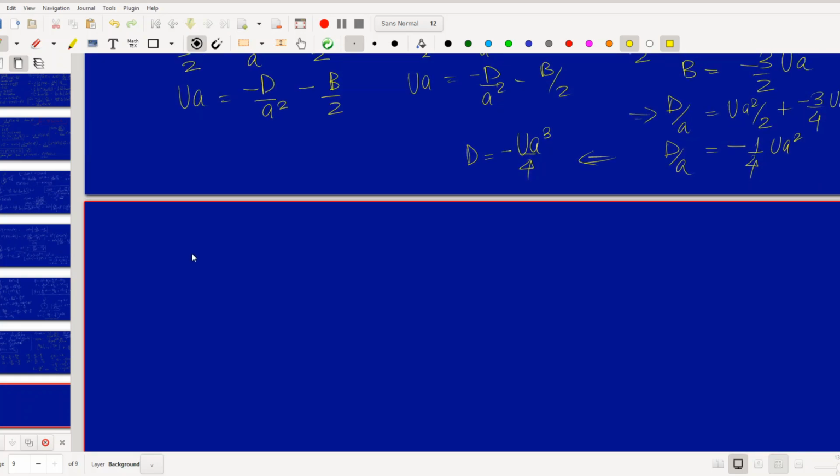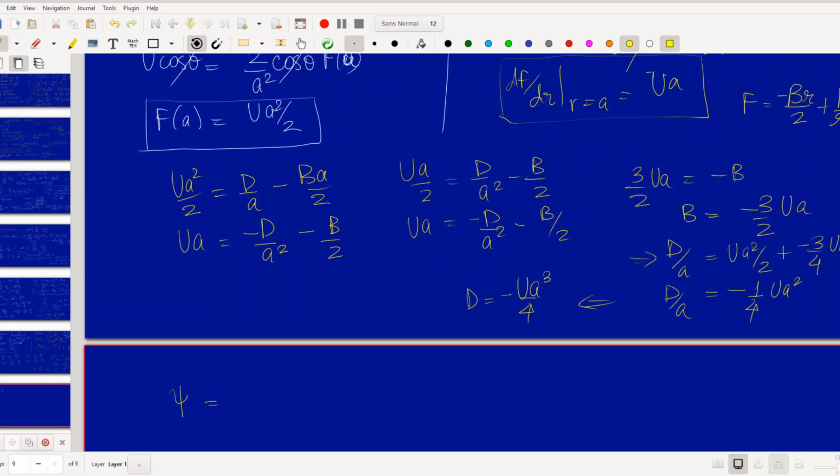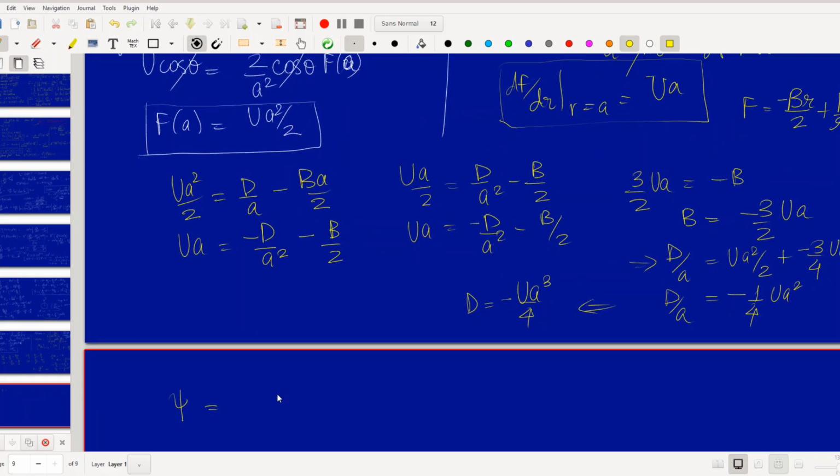So the final expression for psi is minus b r by 2, so 3 by 2 u a r by 2, plus d upon r, so minus u a cube by 4, times r times sine square theta.